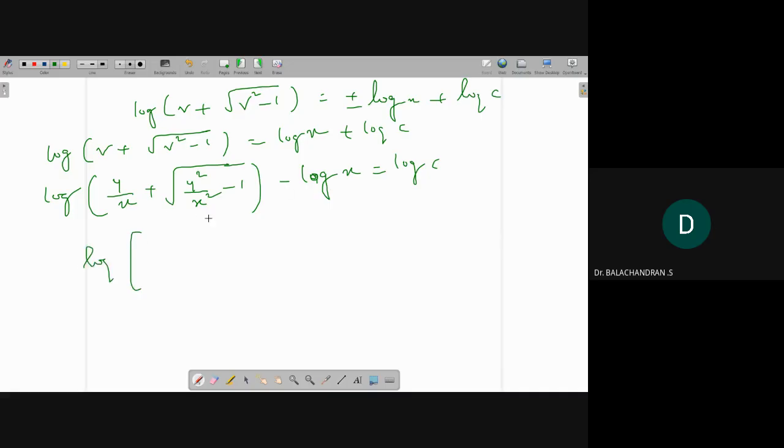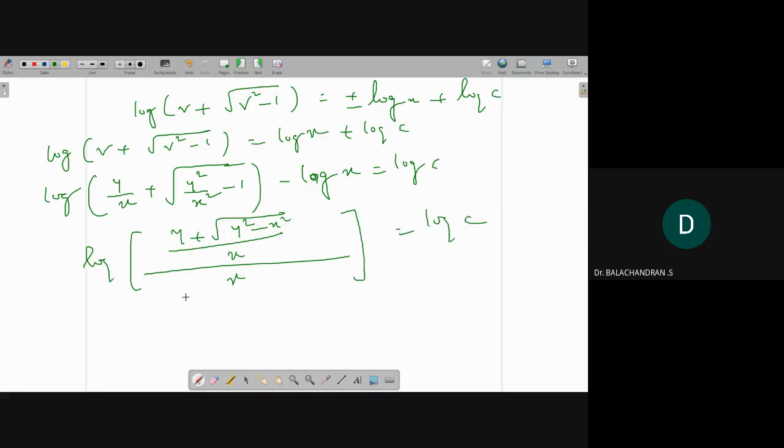Log of y plus root of y square minus x square divided by x. So here we have x, so x divided by this x equal to log c.